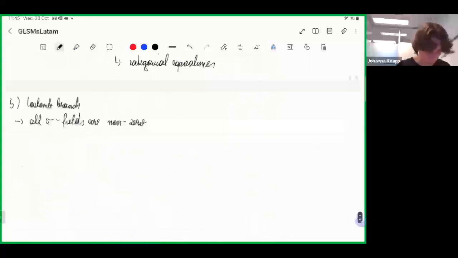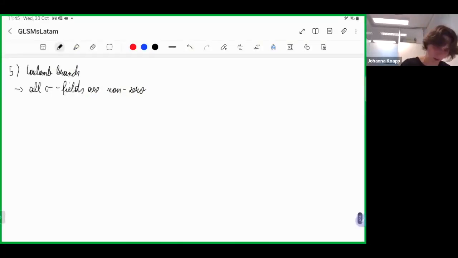So let me do some writing. All sigma fields are non-zero. The sigma are in the, sorry, this was my notation for the Lie algebra of the maximally commuting subgroup, and it's complexified. That means that the sigmas must commute.